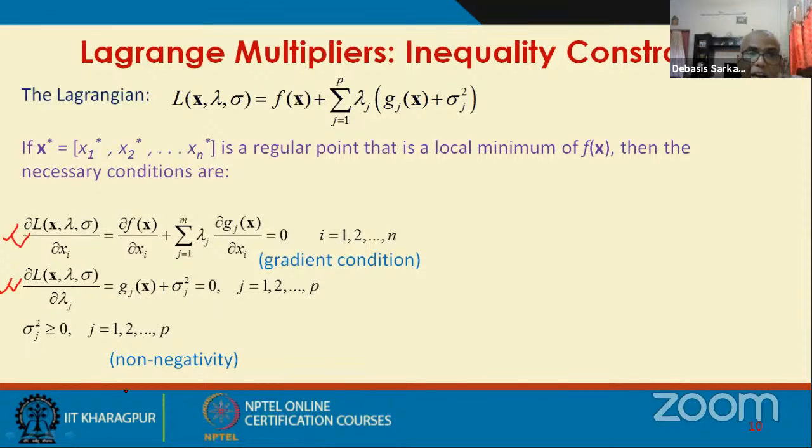Note that del L del lambda j equal to 0 will give you back this one: gj plus sigma j square equal to 0. In case of equality constraint optimization problem, corresponding to this was h equal to 0. Now, since g less or equal to 0 has been converted to g plus sigma square equal to 0, so this is obvious.